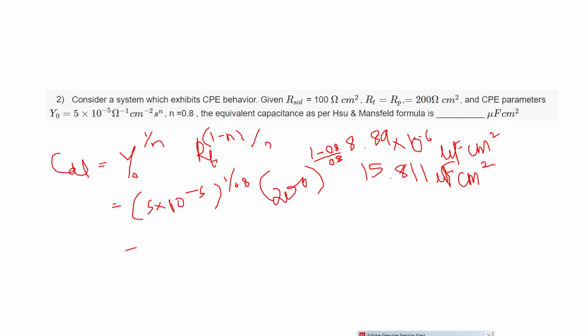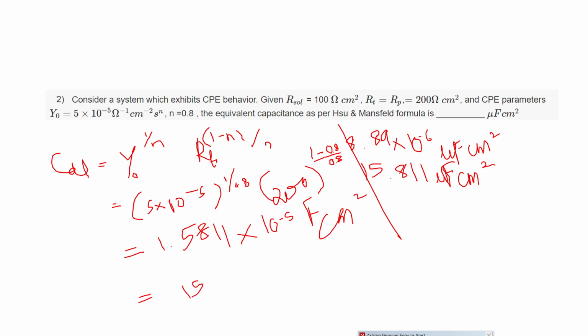So when you solve this, you're supposed to get 1.5811 into 10 to the power minus 5 farad centimeter square. We'll have to multiply it by 10 to the power 6 to convert into microfarad. You'll get 15.811 microfarad centimeter square.